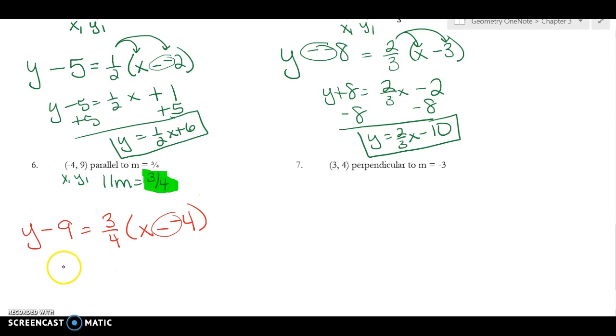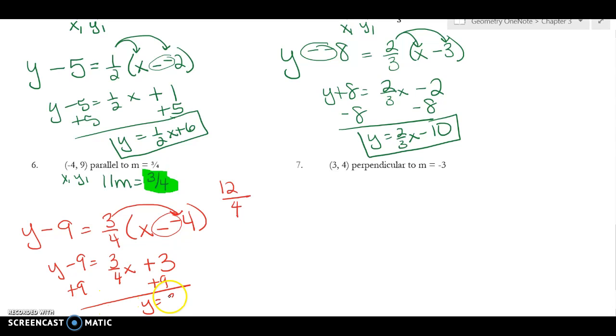These become positive, so I get y minus 9 is equal to 3/4 x. Now when you distribute this, 3 times 4 is 12, and then it's just divided by 4. Well, 12 divided by 4 is 3, so it becomes plus 3, because those two negatives make it plus 3. So to get rid of a minus 9, I add 9 on both sides. And so I get y is equal to 3/4 x plus 12. And that's the answer to that one.